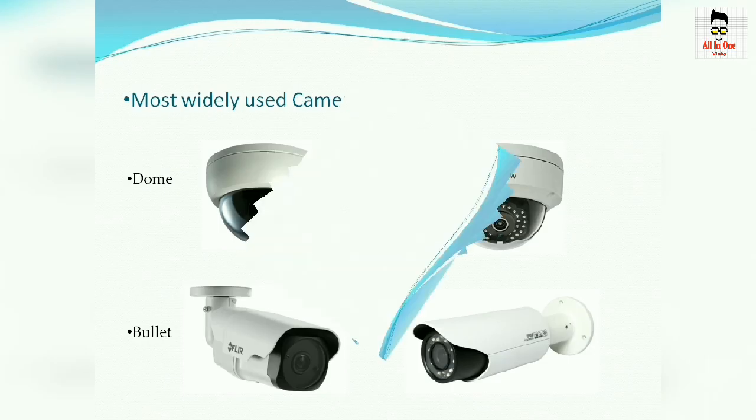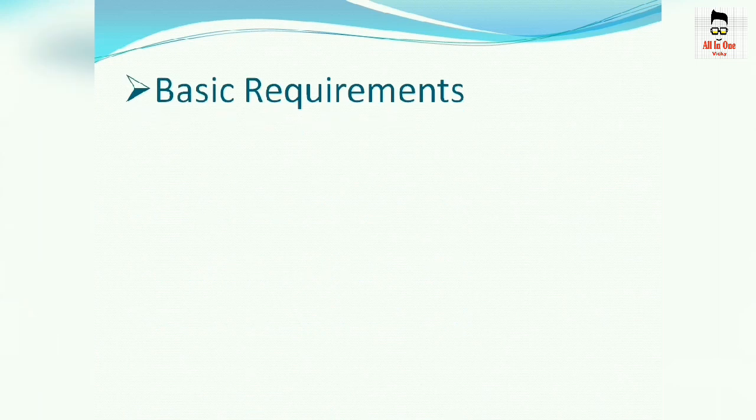The next point is the basic requirements for installation of a camera. First, you require one camera, you require a DVR, you require a power supply, and you require BNC and cables. These are the four requirements for installation of a camera. If you have these four things with you, you can easily install the dome camera.